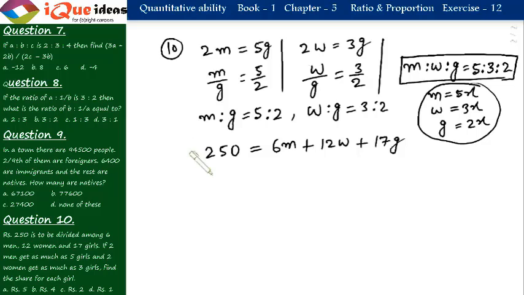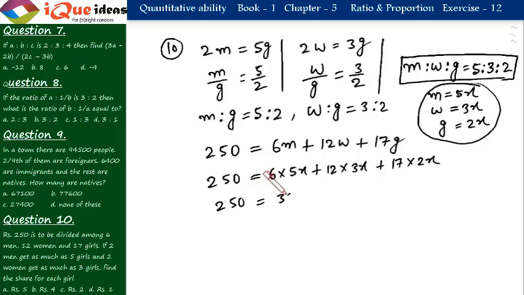So 250 is equal to 6 into 5x plus 12 into 3x plus 17 into 2x. So it becomes 250 equal to 30x plus 36x plus 34x. So 30 plus 36 is 66, plus 34 is 100x.